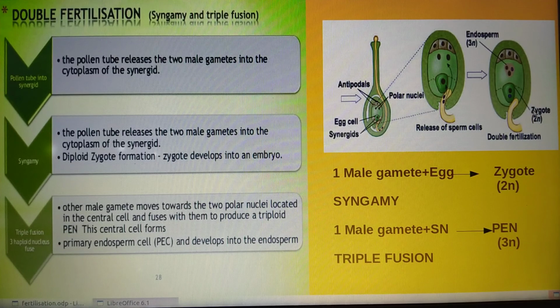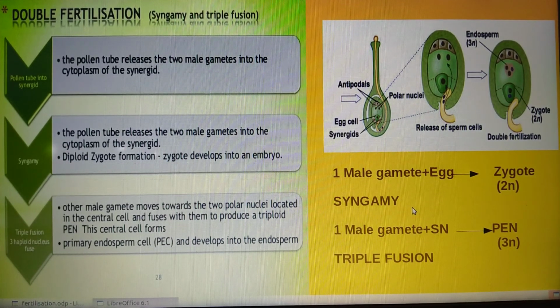The process is called syngamy. The other male gamete moves towards the secondary nucleus and fuses with it to form a triploid structure called a primary endosperm nucleus. The process is called triple fusion.